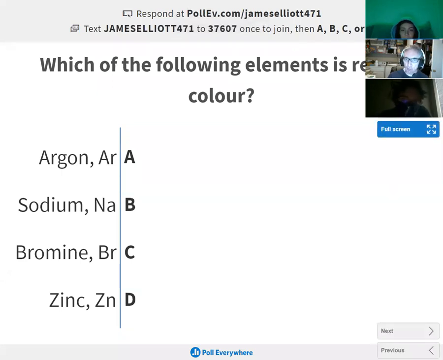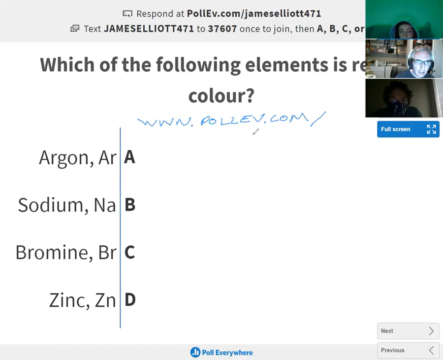So if you just grab your phone, let me give you the address for this. On your phone or on your computer, just go to www.pollev.com/, and then it's, in fact, there it is up there, James Elliott 471.